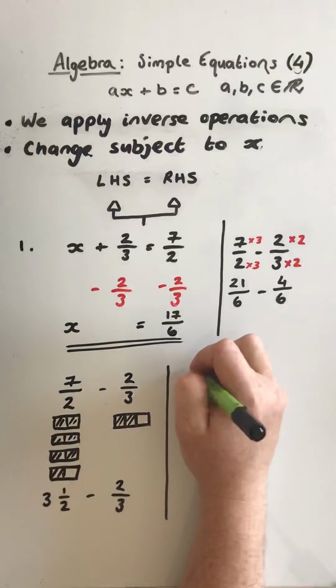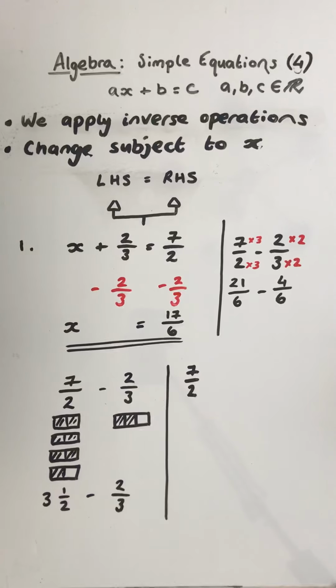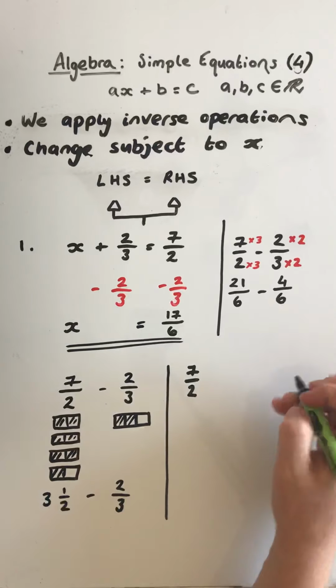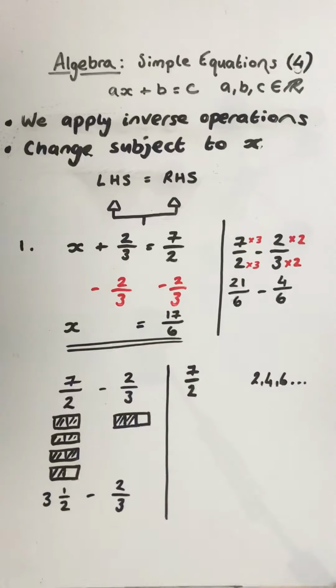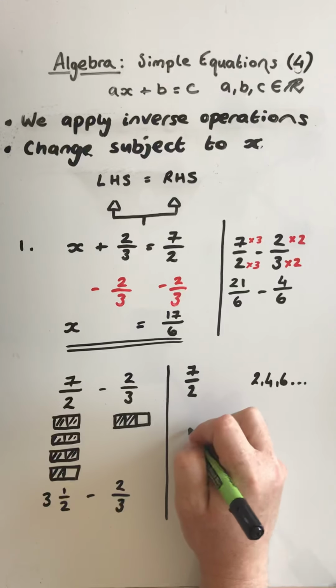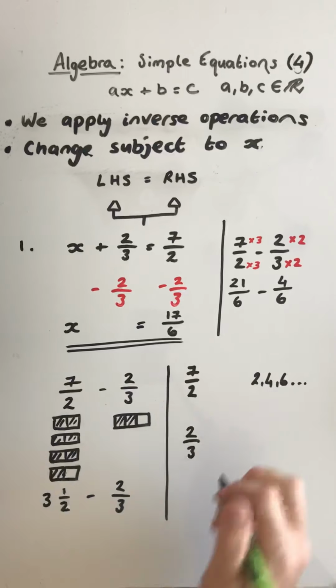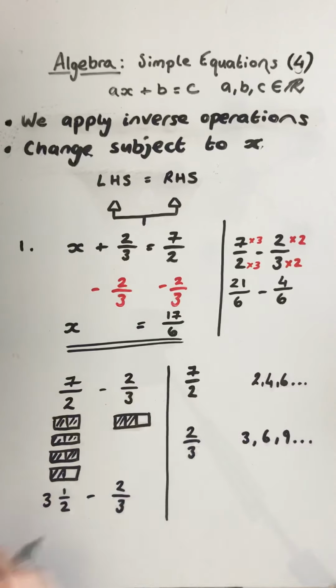Also, 7 halves. Make that an equivalent fraction, so we're looking for lowest common multiples. So we could write them out. 2, 4, 6, and so on. 2 thirds. Because we want the parts the same. 3, 6, 9, and so on.